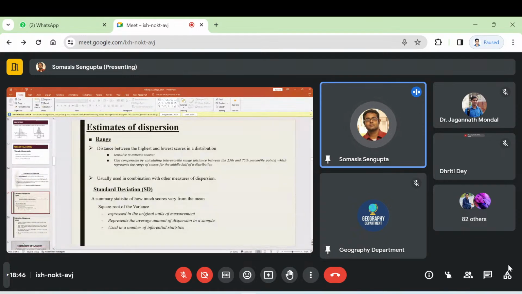The problem here is that we take Q3, we take Q1, we take the difference between them, so the scores below Q1 and the scores above 75%, that is Q3, are ignored. So basically, I am working with only 50% of the data set. So the semi-interquartile range is not so suitable.